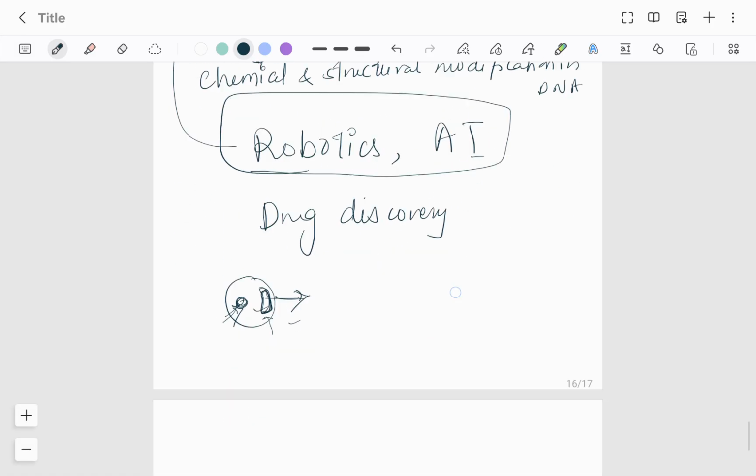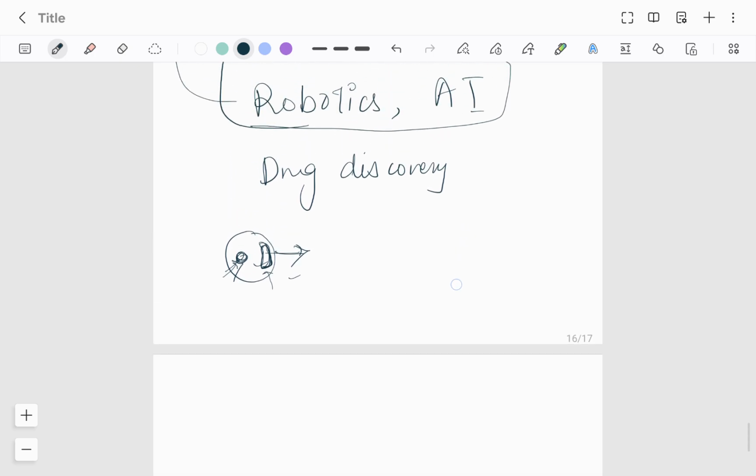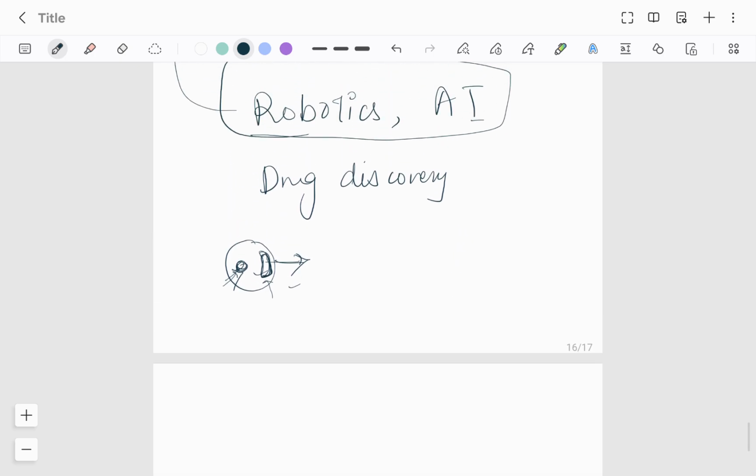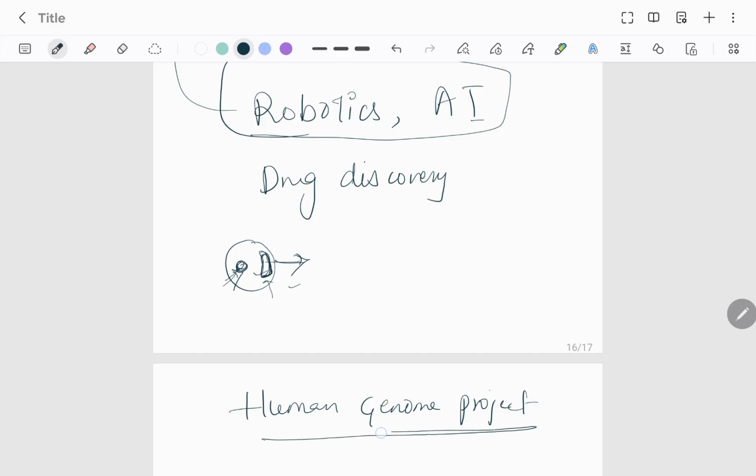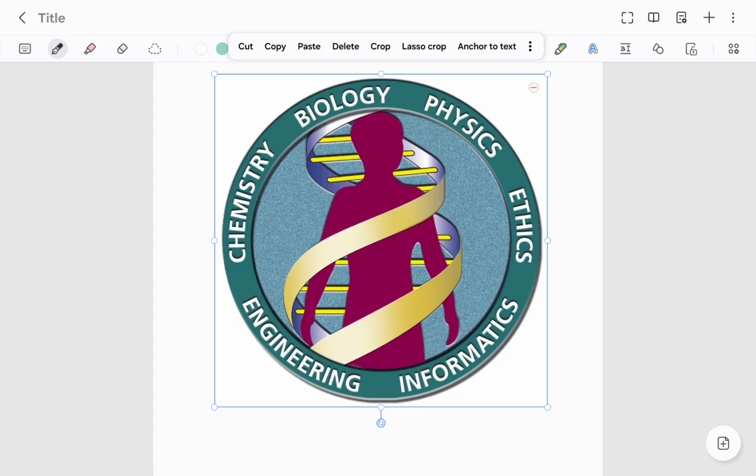If I say Human Genome Project, it took 13 years, because at that time the technology was not that advanced and did not use high throughput methods. But these days the technology is advanced.